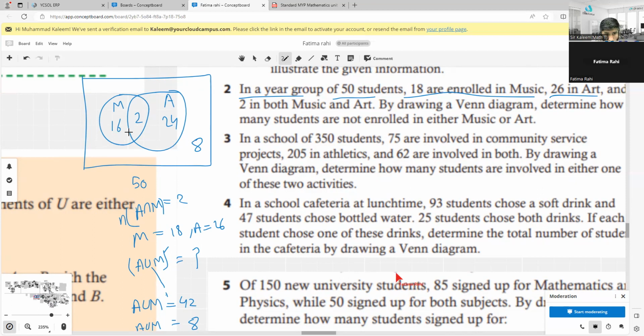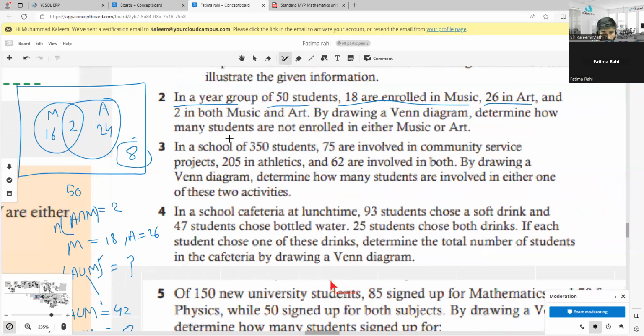The total students are 50, music students are 18, art students are 26, and both music and art there are 2 students. So here we have 8 students not in music and not in art. The answer will be 8.